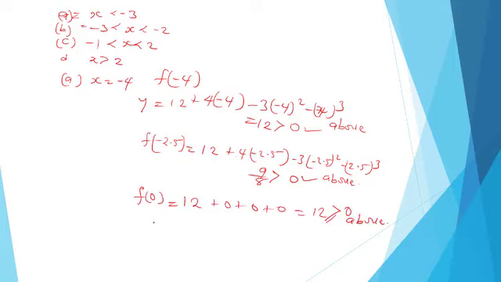And the last one is where x is greater than 2. Let's use x equals 3, so we have f(3). So this is 12 plus 4 times 3, minus 3 times 3 squared, minus 3 cubed, so this is minus 27.